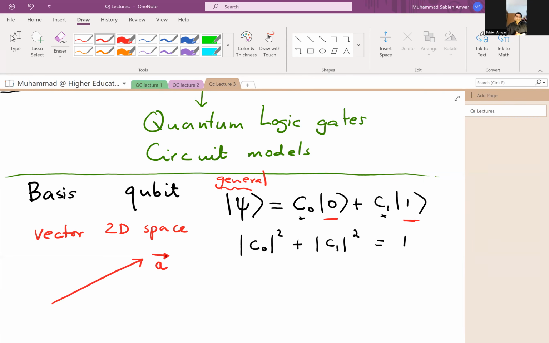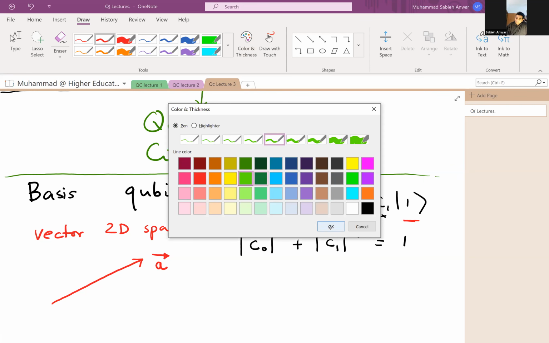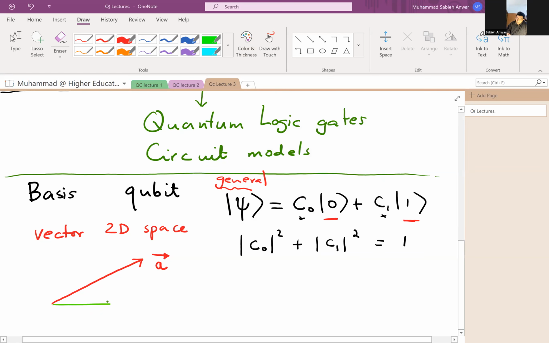Now, if I write this vector A and I orient it in a certain direction, that's enough to describe the vector. But if I would like to manipulate it, I would like to represent it, I need to choose some reference axes. The reference axes that I may choose could be a horizontal axis and a vertical axis.